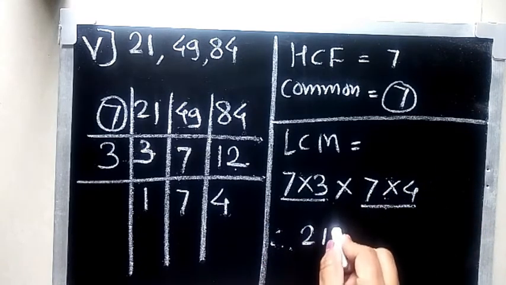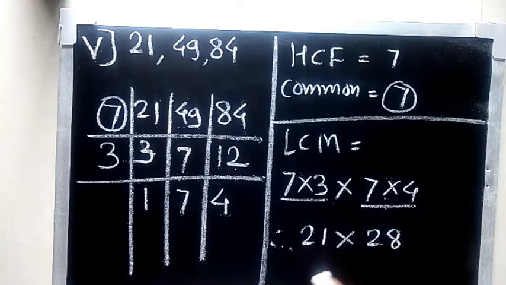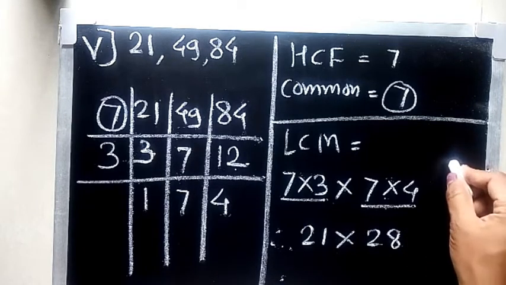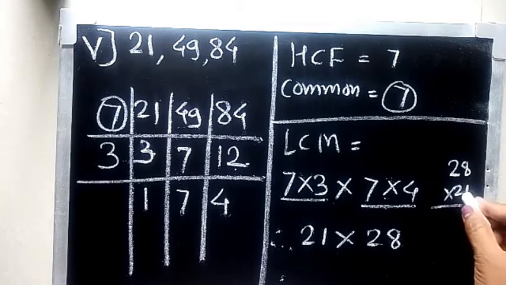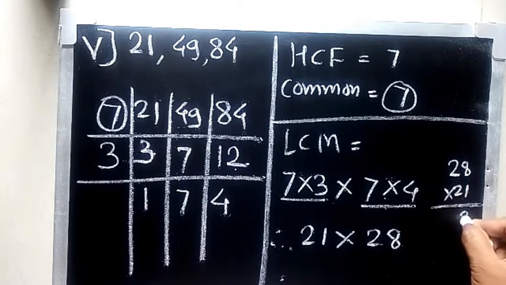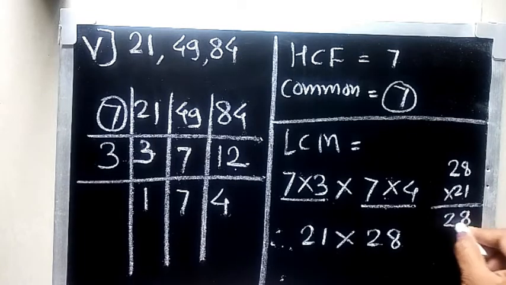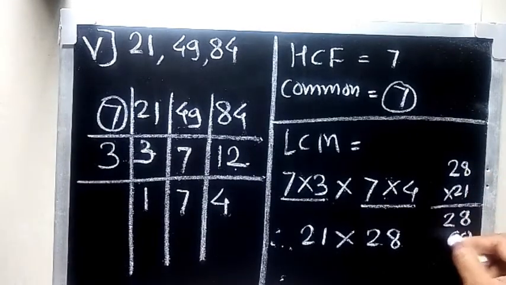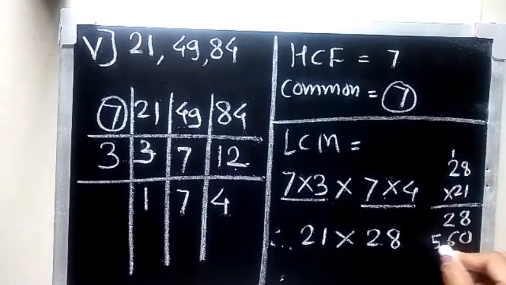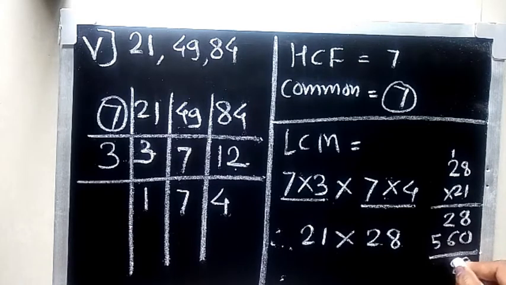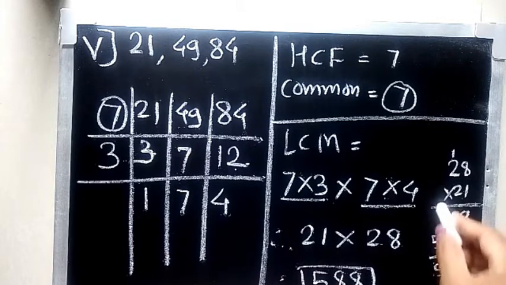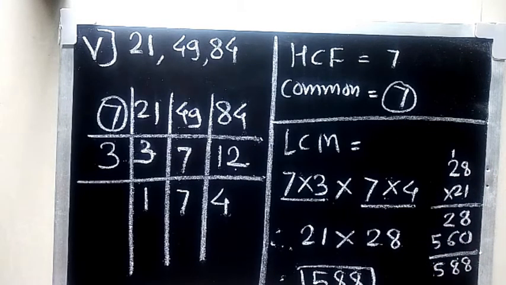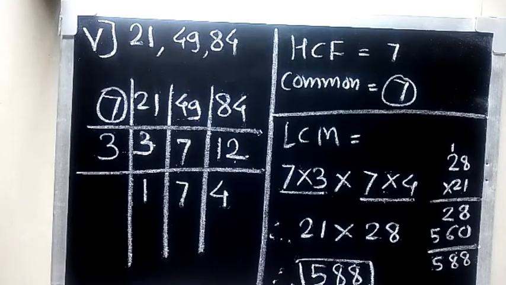Find the LCM. 7 3s are 21. 7 4s are 28. 28 multiplied by 21, the product is 588. LCM is 588. HCF is 7 and LCM is 588.